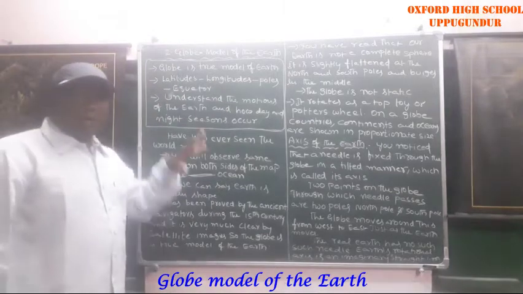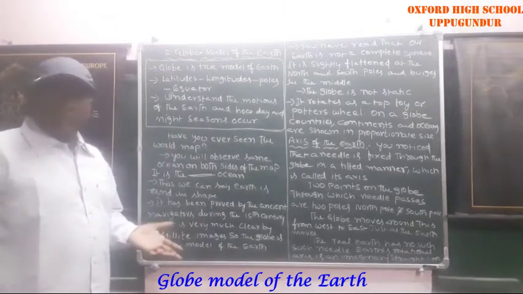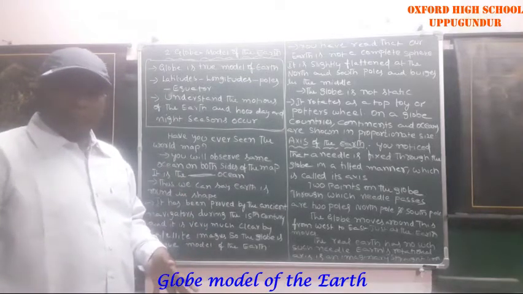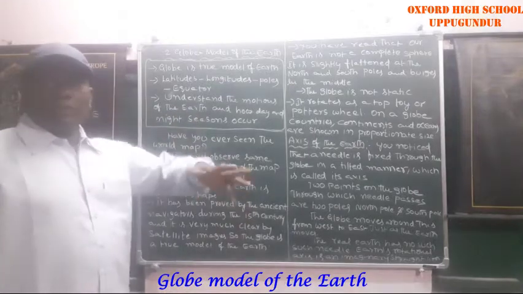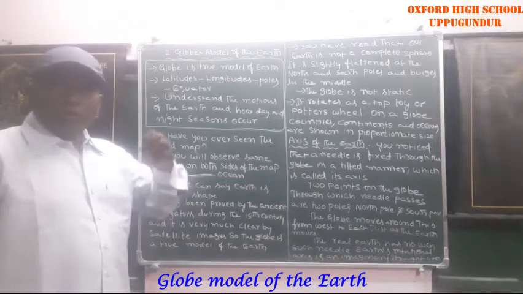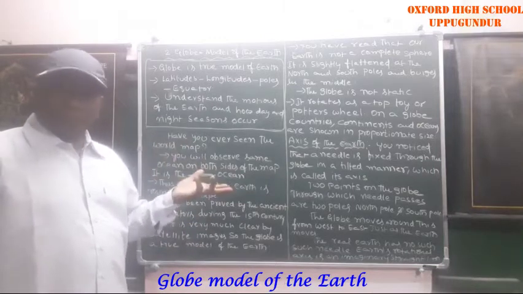Finally, what you will understand in this lesson is that the globe is the true model of the earth, regarding the north pole, the south pole, and the equator. All those things we are going to cover.